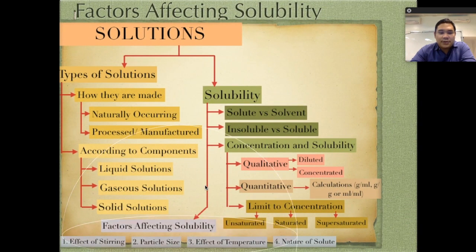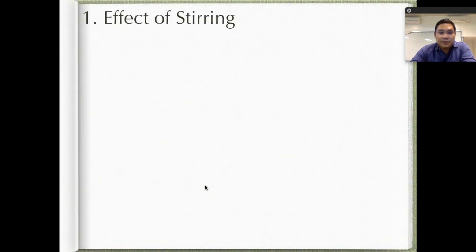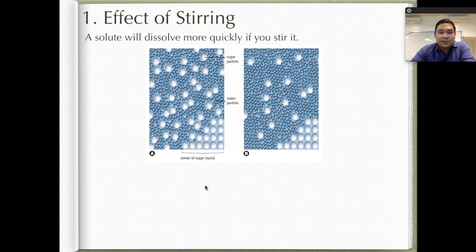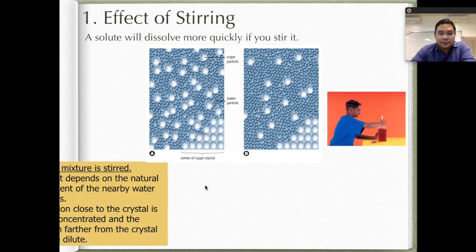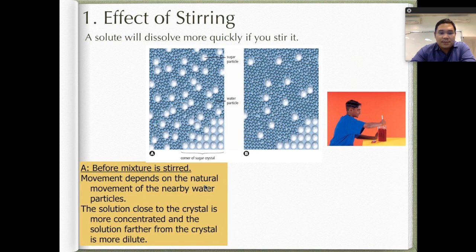Now, let's discuss factors affecting solubility. The first factor is the effect of stirring. A solute will dissolve more quickly if you stir it. Before the mixture is stirred, the solution close to the crystal is more concentrated, and the solution farther from the crystal is more dilute.